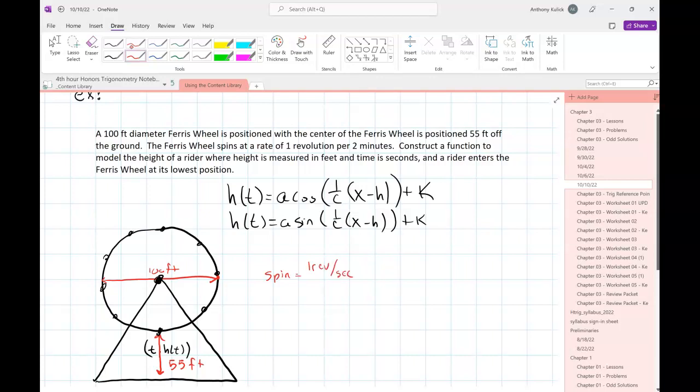I'm going to write that down because that doesn't seem like a physical part of the picture, at least obviously, right? And then it says that the rider enters the Ferris wheel at its lowest point. So we have some other ramp here that the person walks up to get onto the Ferris wheel. That's right there.